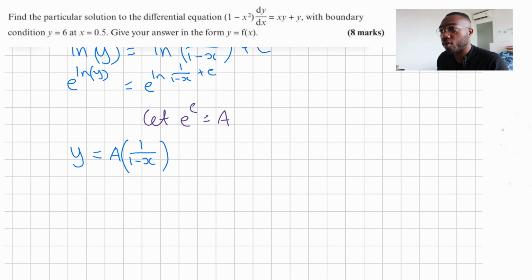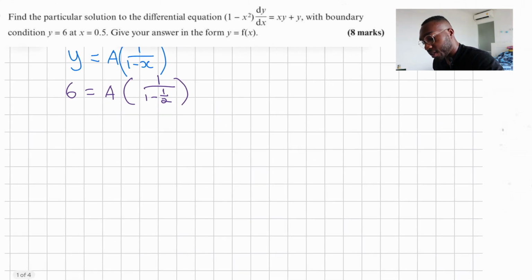Now at this stage, we're told that y is equal to 6 and x is equal to 0.5. So we put those conditions in. We get 6 equals A times 1/(1 − 1/2), and we know that that will be 6 equals A times 1/(1/2).